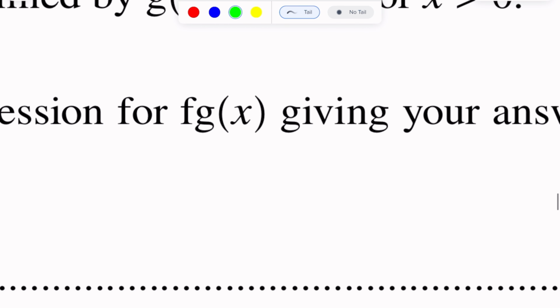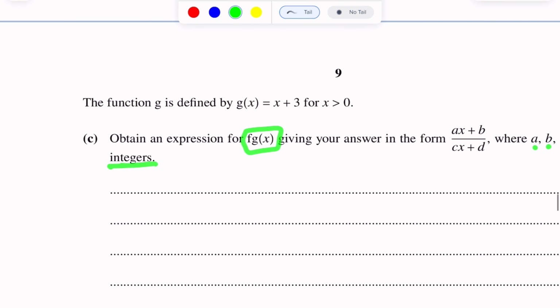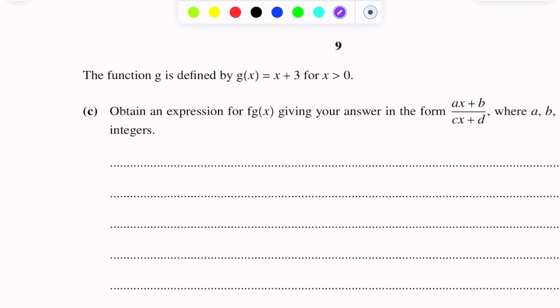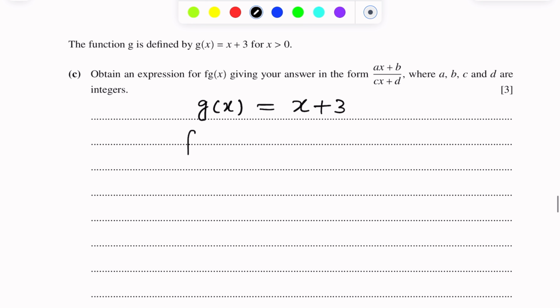We have to find fg(x), the composition of two functions f(x) and g(x). So first we write both functions. g(x) = x + 3 and f(x) = 2 - 5/(x + 2).